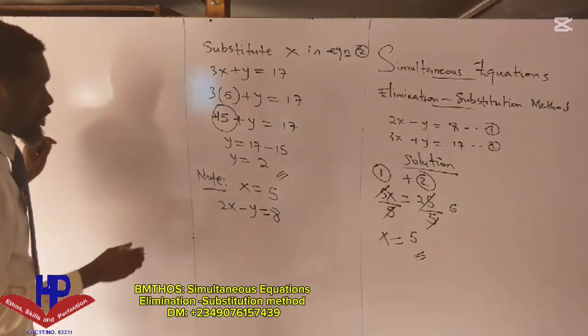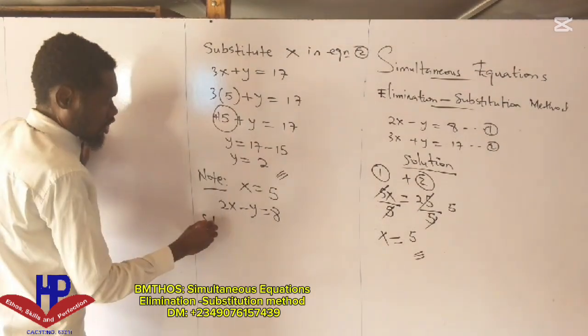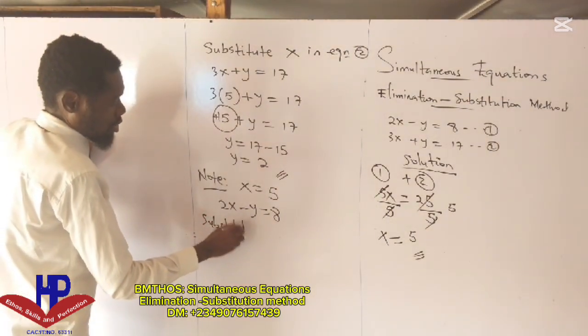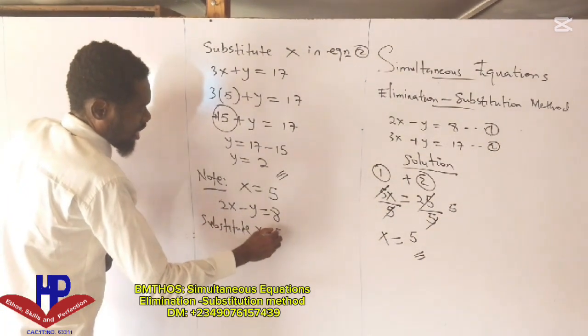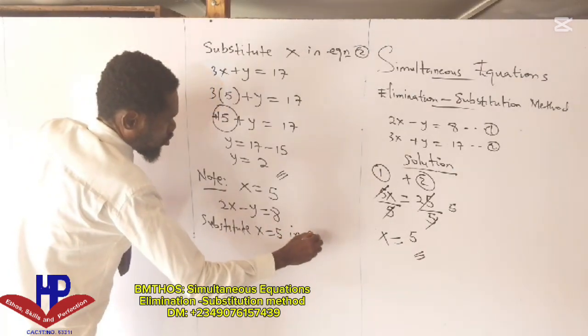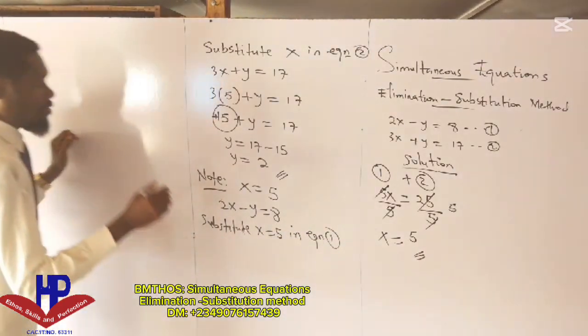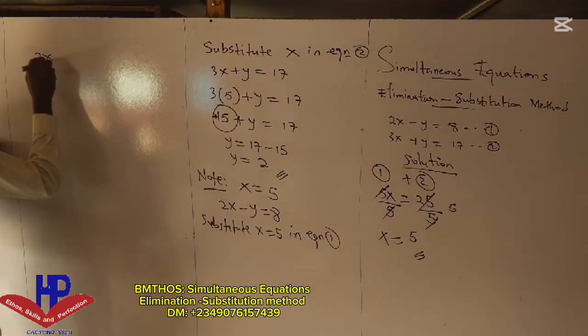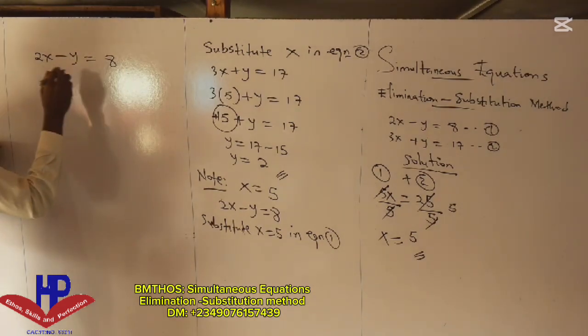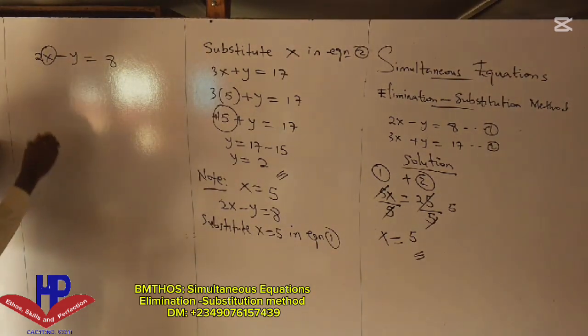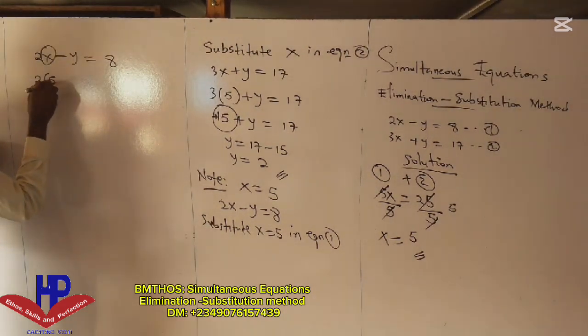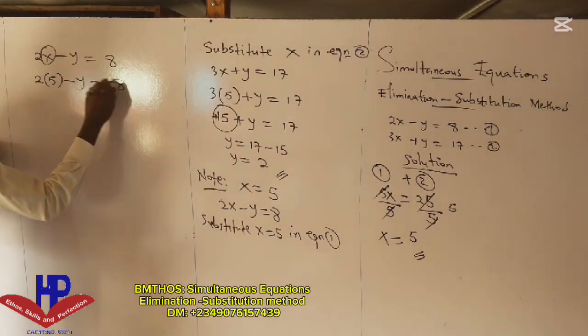If you substitute x is equal to 5 in equation 1, in place of x, I'll write 5. So I'll have 2 into 5 minus y is equal to 8.